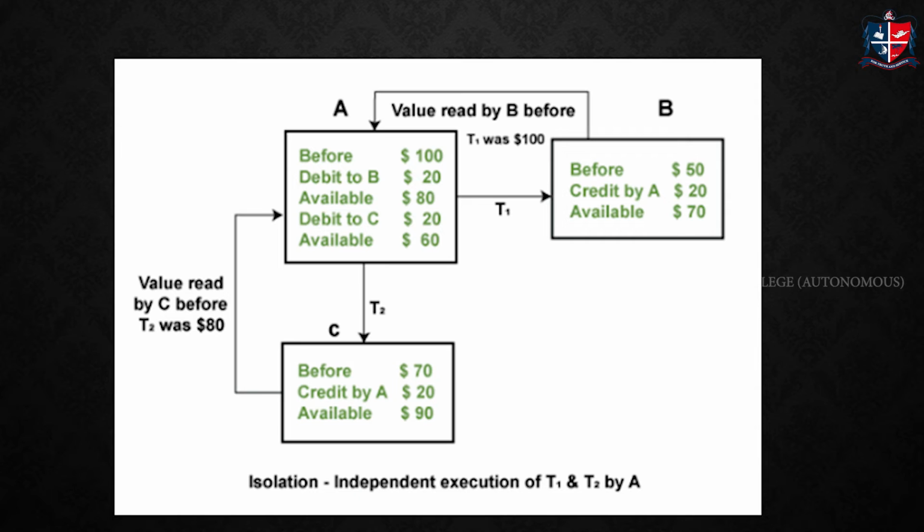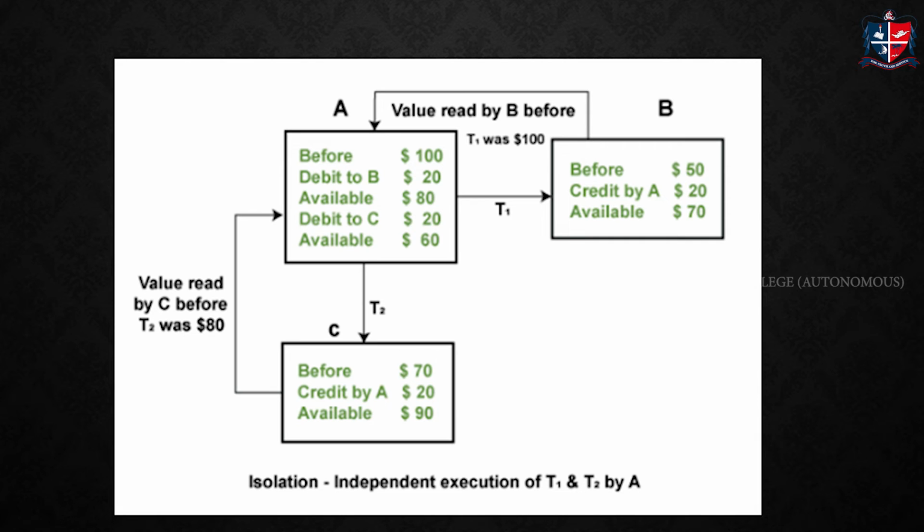Here you can see there is a transaction T1 and a transaction T2. A will send cash to B, that is known as T1, and T2 is the second transaction, where the value will be sent from A to C. Before transferring the cash from A to B, the value was 100.